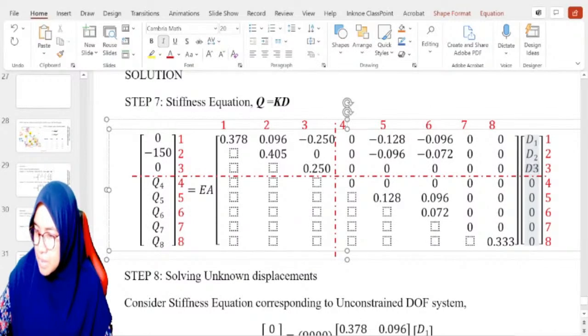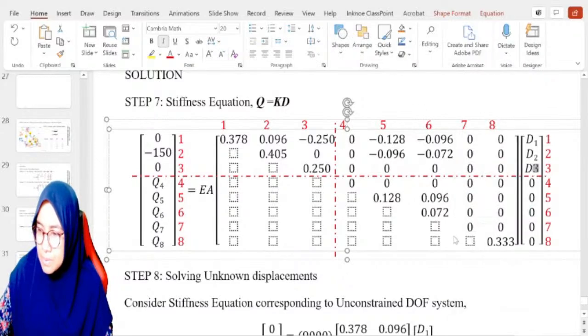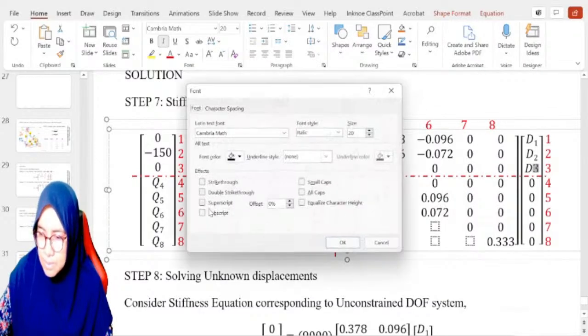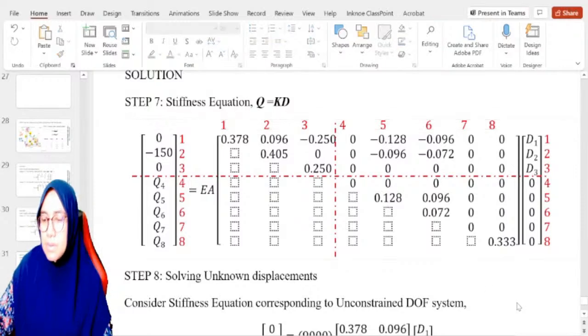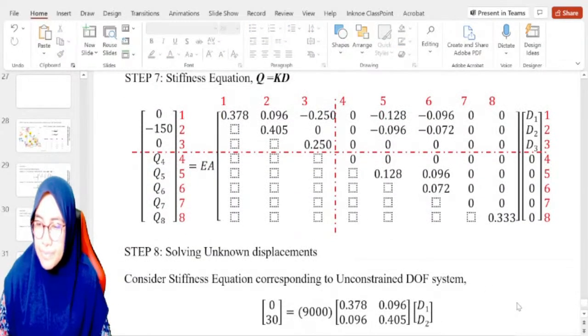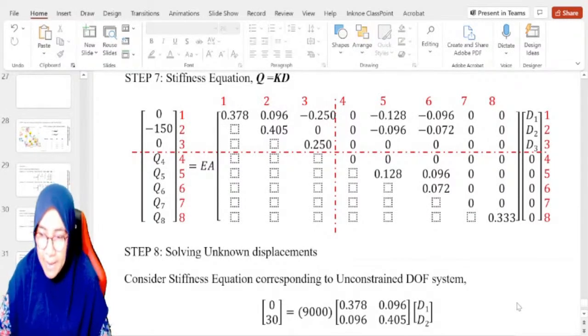This is the stiffness equation in full without considering the effect.